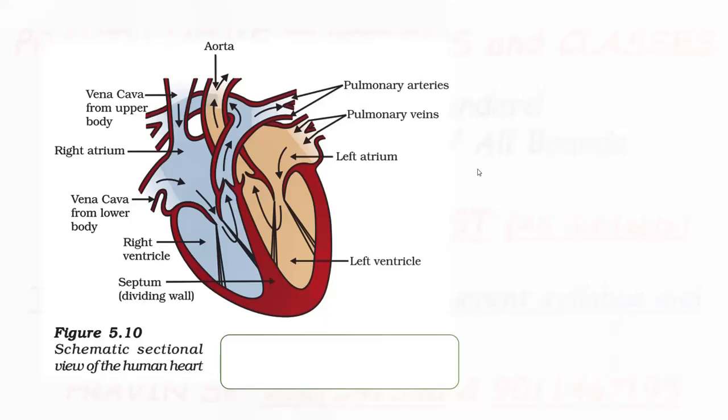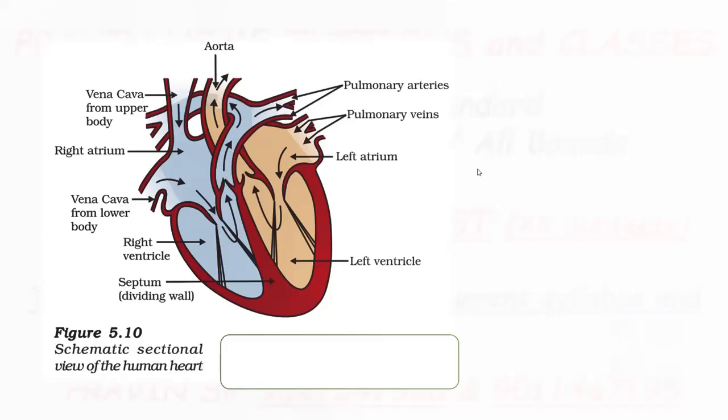Heart has different chambers because both oxygen and carbon dioxide have to be transported by the blood. The carbon dioxide rich blood has to reach the lungs where carbon dioxide is removed.